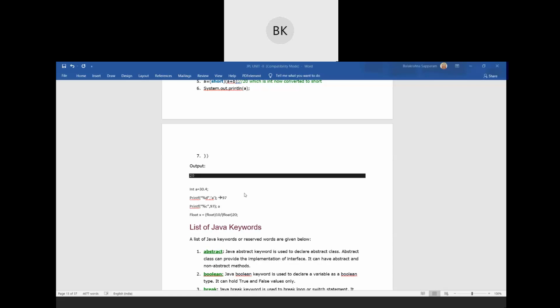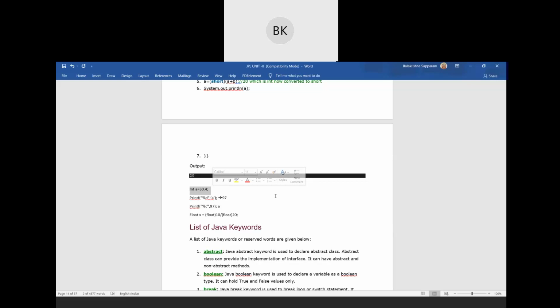What is the necessity, and what is implicit conversion? Suppose in C language, you write int a = 30.4. That's not an error in C language, because C is a weak type checking language. 30.4 is a float, and the float is assigned to an integer. That is narrowing.